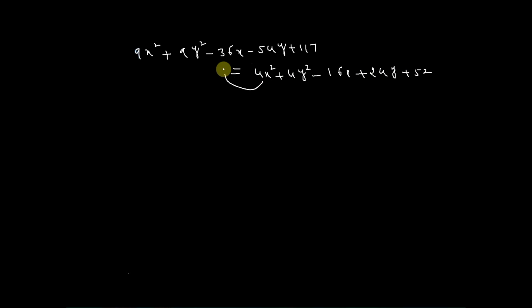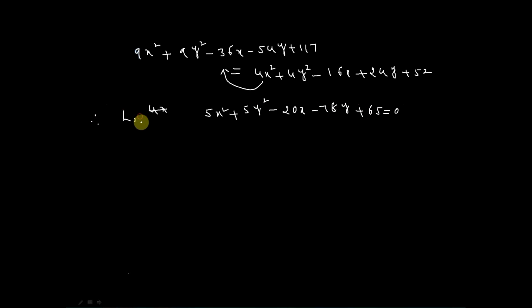Now bring all these terms to this side. From that I will get, 9x square minus 4x square means 5x square. Similarly, 5y square minus 20x minus 78y plus 65 is equal to 0.